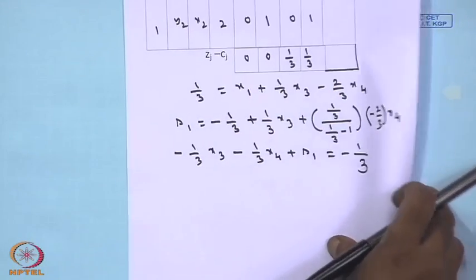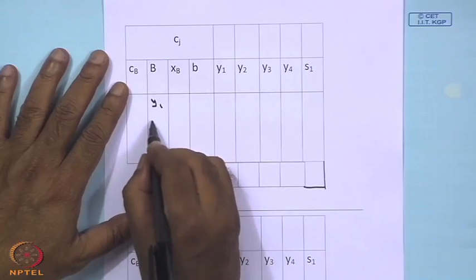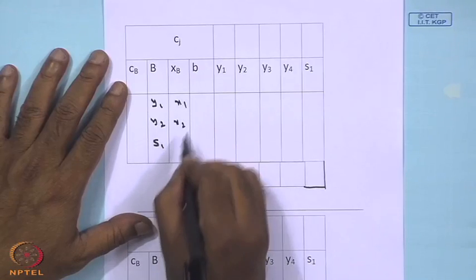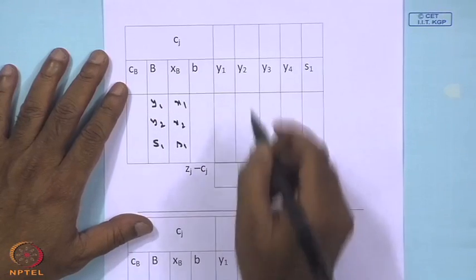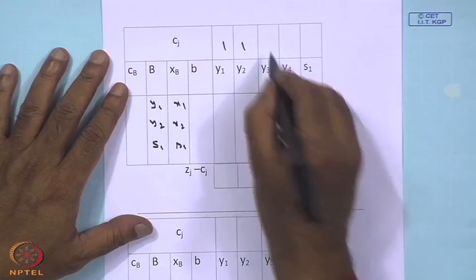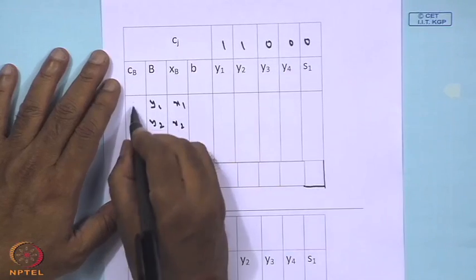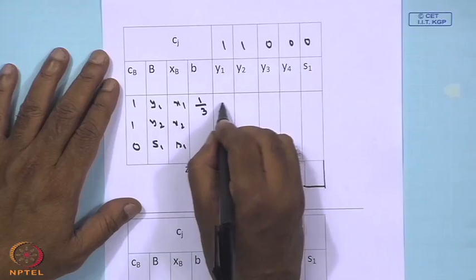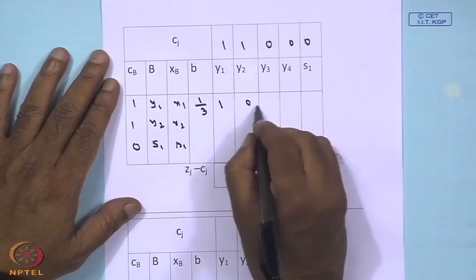Whenever you are adding this, you will obtain the next table as you will have 3 variables in the basis: y1, y2 and S1. So, it will be x1, x2 and S1. The coefficient of S1 is 0, Cb will be 1 1 0. First 2 rows will come from the last optimal table.